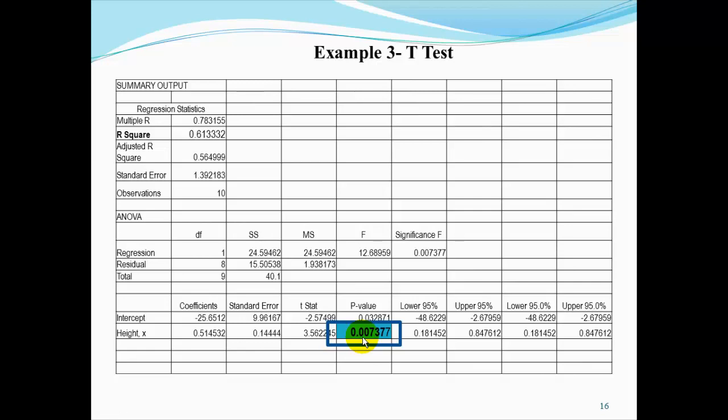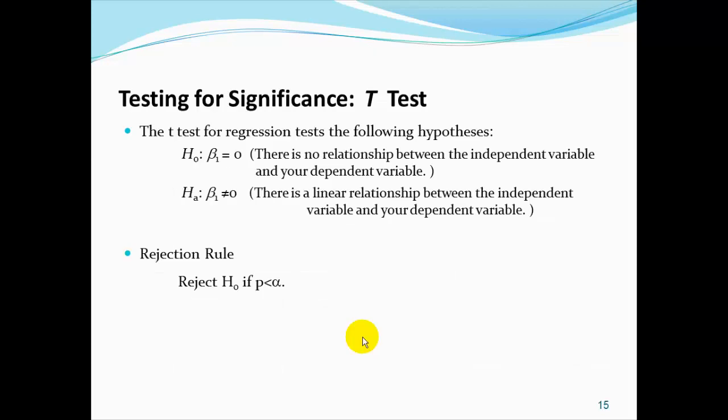So if we had specified a level of significance, or alpha value, of 0.05 for this problem, our rejection rule is reject H0 if p is less than alpha. So if our p-value is less than 0.05, we can reject the null hypothesis in this case and conclude that we have found sufficient evidence to prove that our alternative is true.